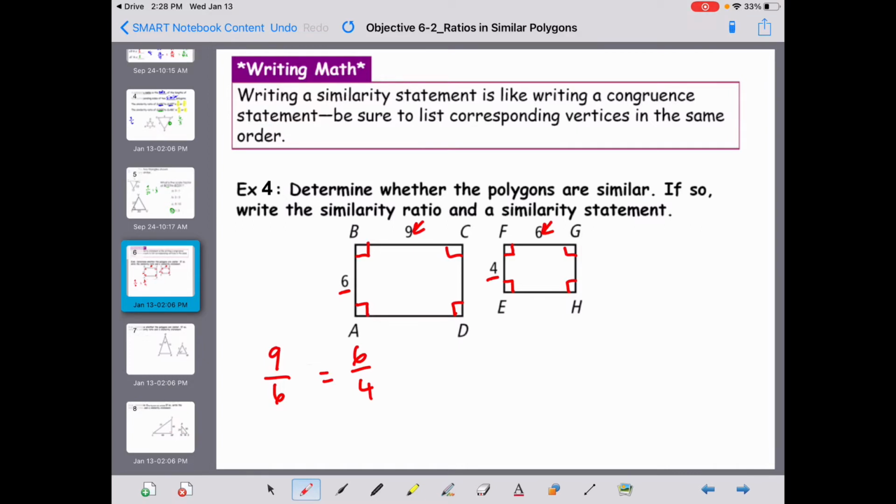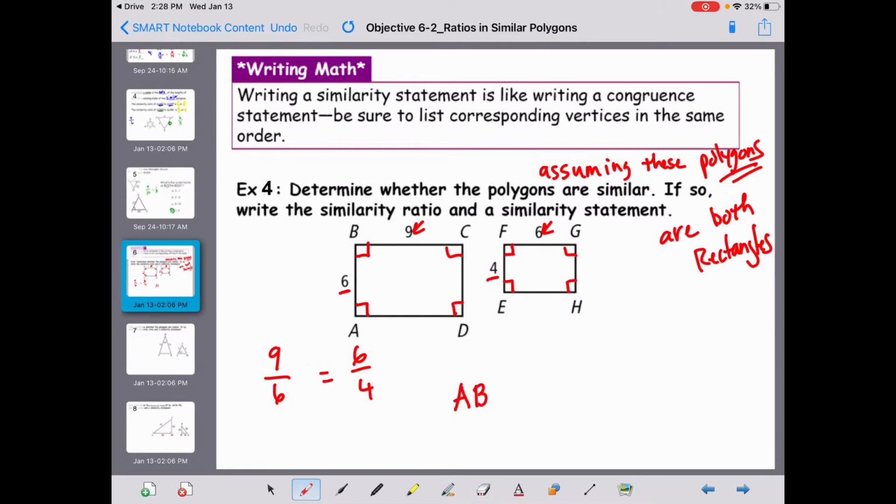Now, the one little thing that I'm doing is I am assuming these polygons are both rectangles. All right, so my similarity statement, A, B, C, D, is similar to E, F, G, H.